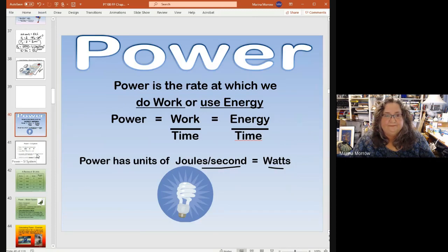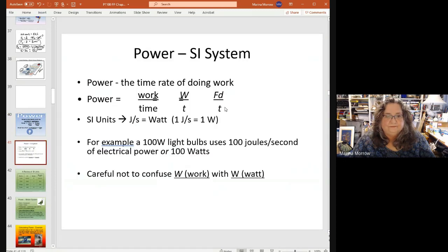And this introduces another W, because watts, the unit, is listed as a W too. So we've got way too many W's. We've got W for work, we've got W for weight, and we have a W for watts.